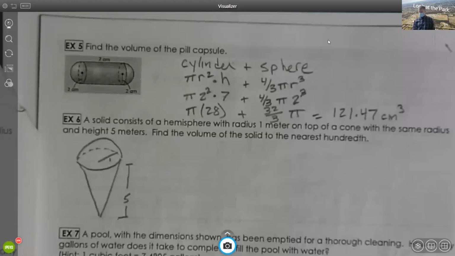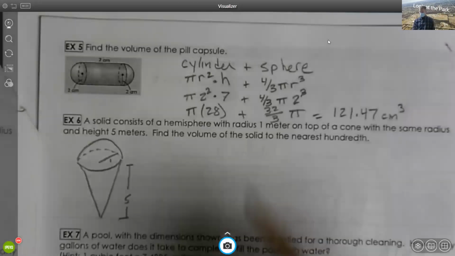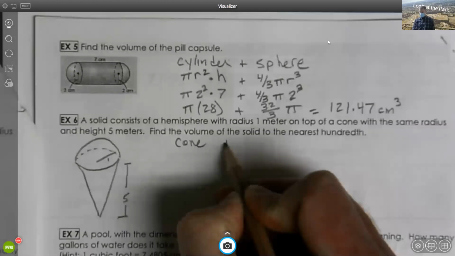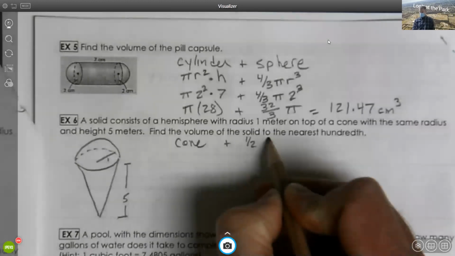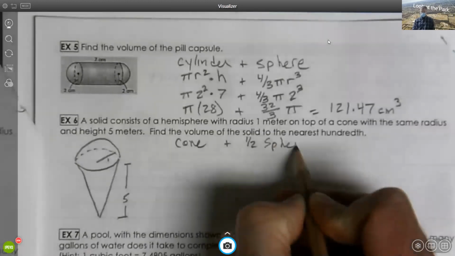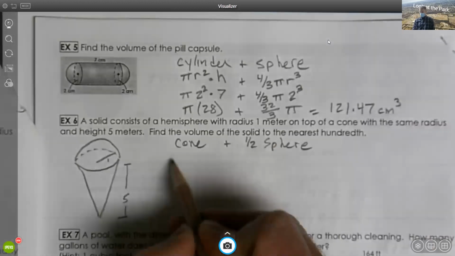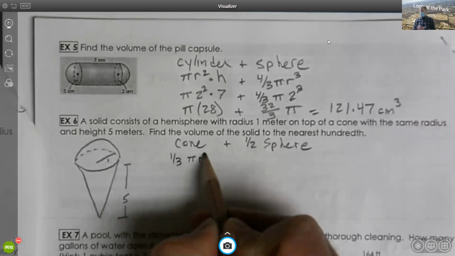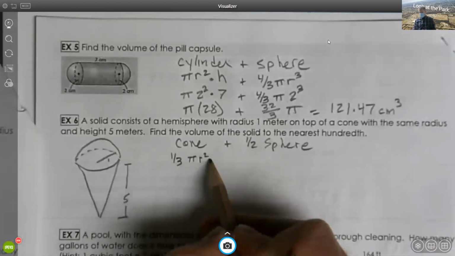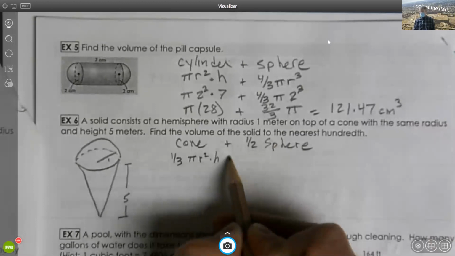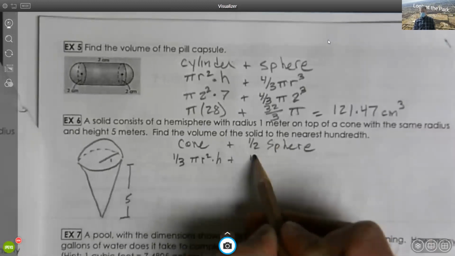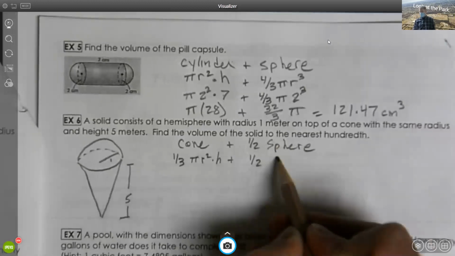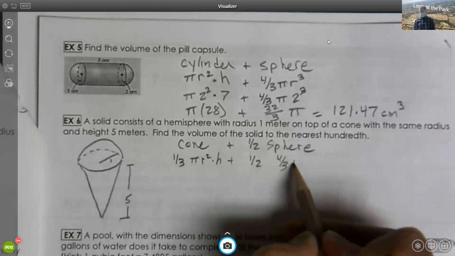So we're going to have our cone, and we're going to add the half sphere. The cone's formula is 1/3 pi r squared, that's the base, times the height. And we're doing half a sphere, which is 4/3 pi r cubed.